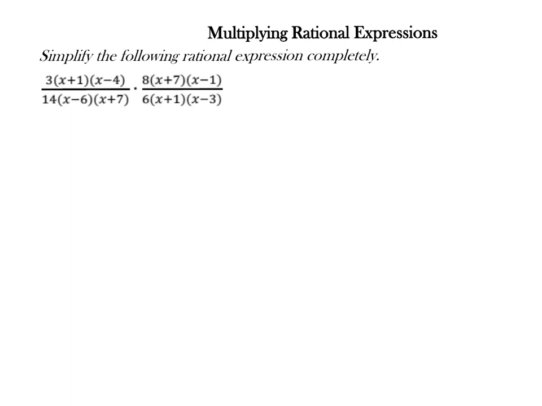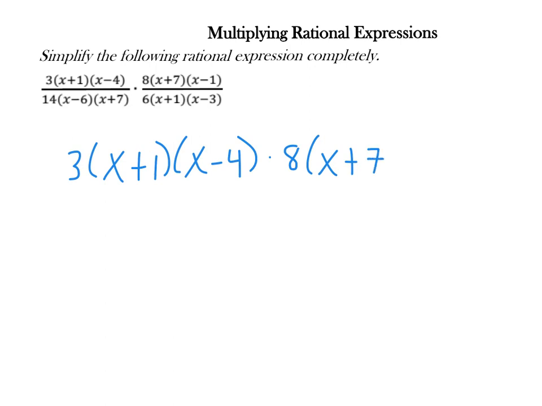Alright, so I'm going to solve this problem with you. I'm going to start by combining all the numerators together because I'm able to multiply them across, and then I'm going to multiply and combine the denominators as well. So in the top, I'm going to have this very long expression: 3 times (x plus 1) times (x minus 4) times 8 times (x plus 7) times (x minus 1).